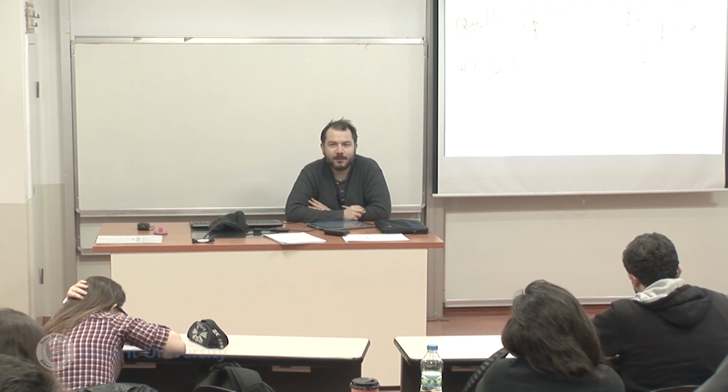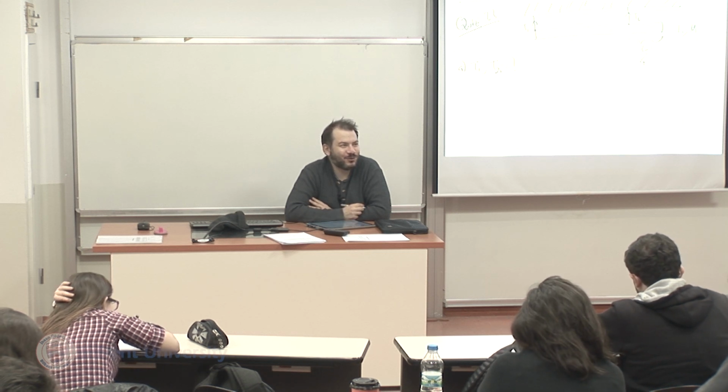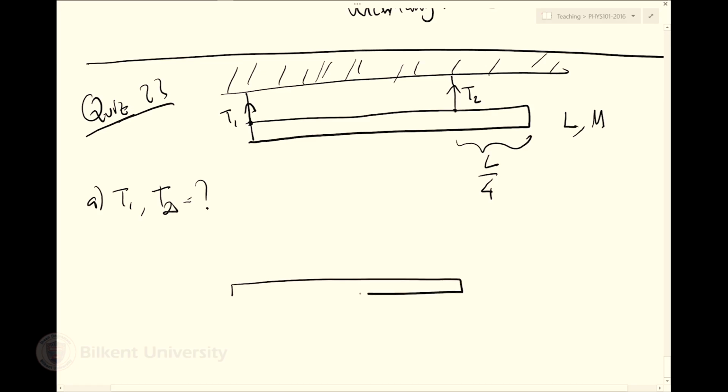Very simply. We draw the free body diagram for our rod. Here is T1. Here is T2. What else? What's the third force acting on this system? It's the weight of my rod, and the weight acts at the center of mass.